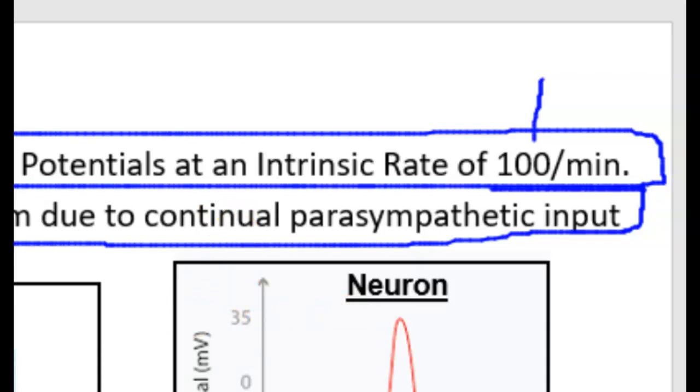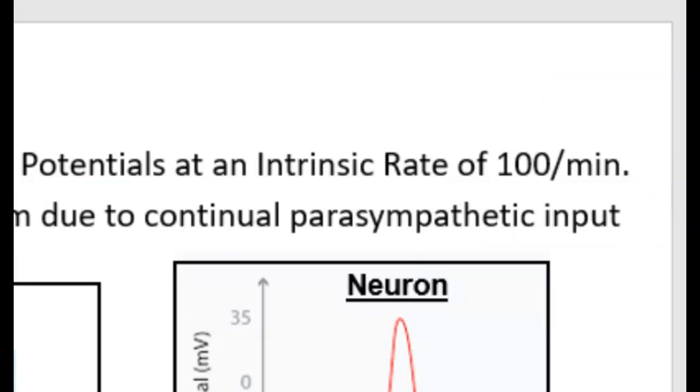First, notice that the action potential in the SA node only reaches a peak of about 0 millivolts, whereas in neurons, the maximum depolarization peak is at like positive 35. That's one difference. Doesn't explain anything yet, but that's one difference.